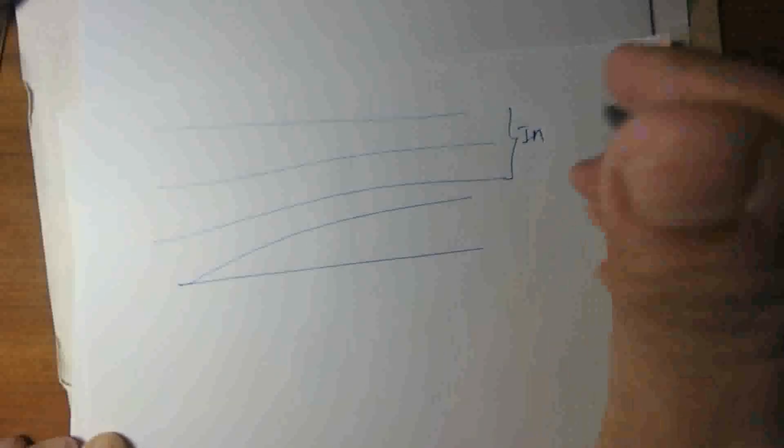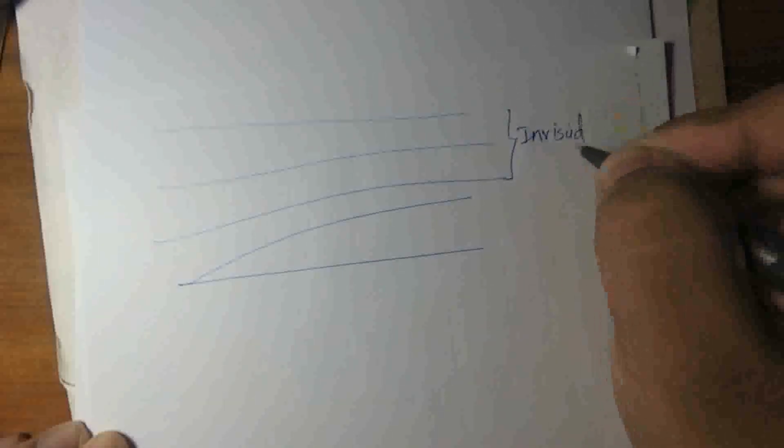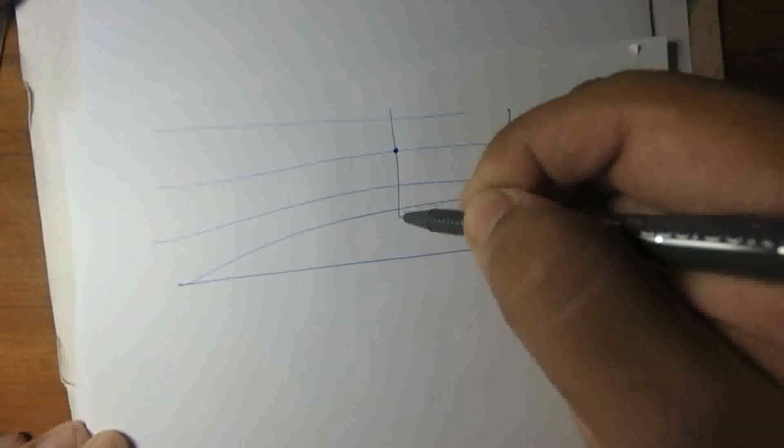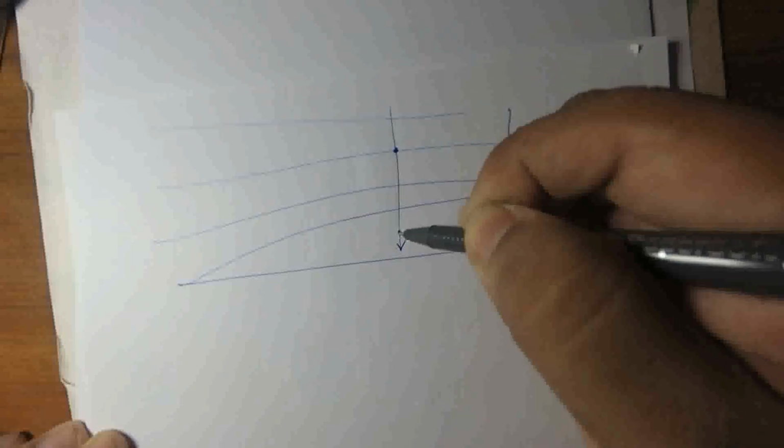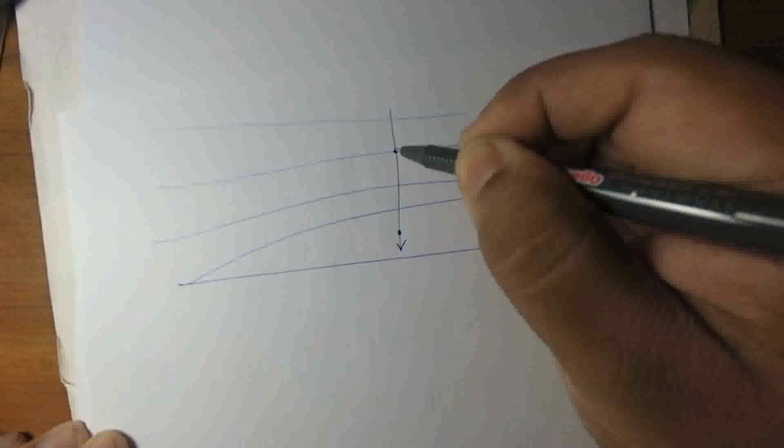Okay. So if this is the boundary layer and if this is one of the streamlines, that is, these are the inviscid streamlines, the pressure here is said to be imposed on the boundary layer. So the pressure at this point in the boundary layer is same as this.